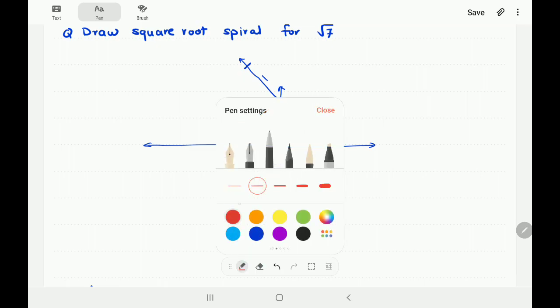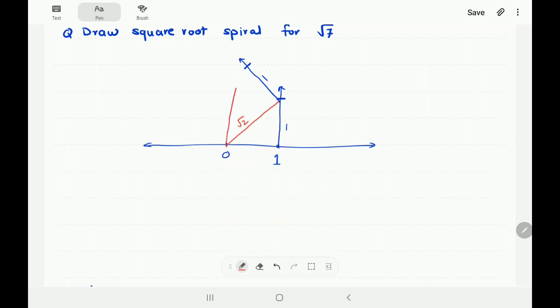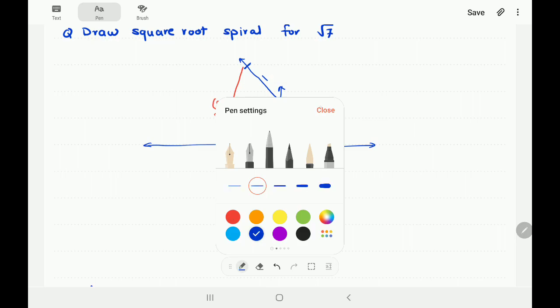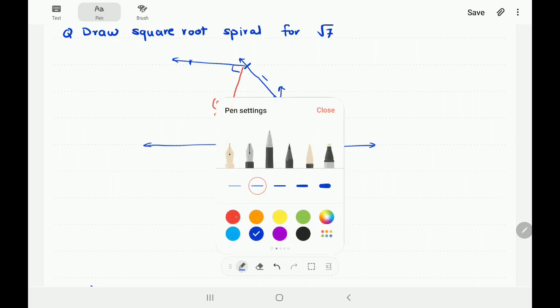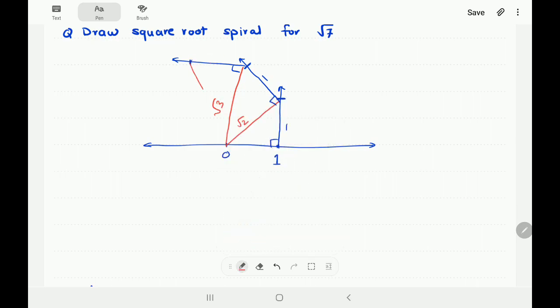And now if I join, what is that going to become? Is it root 3? Now again I will draw a perpendicular on root 3. Again, here I take 1 unit. Okay, so what do I get here? Tell me. If I join the hypotenuse, root 4.